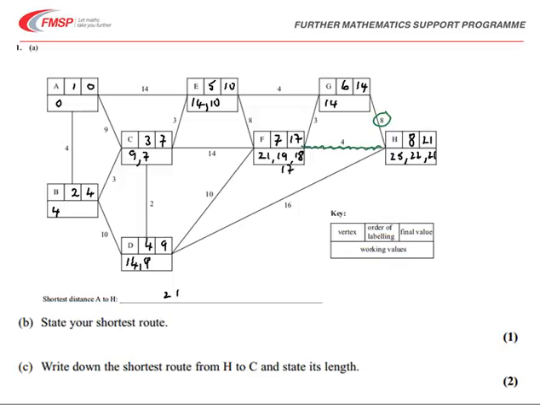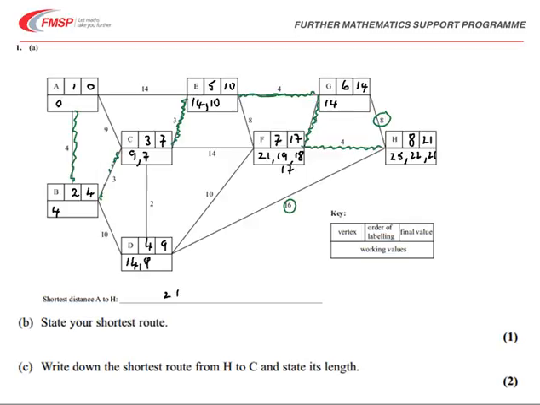And also if we go from the 21 take away the 16, that isn't equal to 9. So we've got 21 minus 4 is 17. Working back in the same sort of way, 17 take away 3 there to G, and then 14 take away 4 gives us the 10 at E, and then we go to the point C, and then from C to B, and finally back to A.